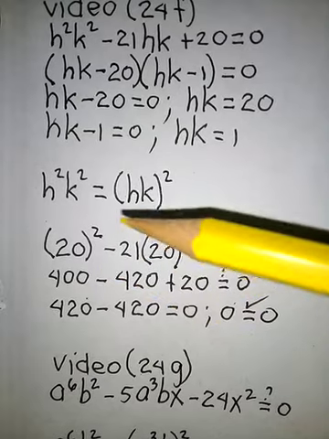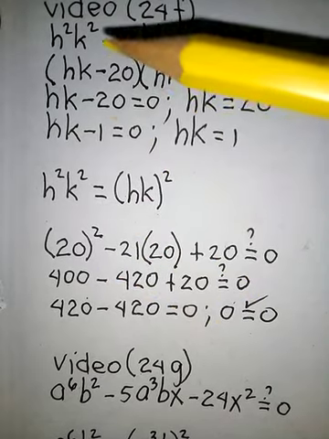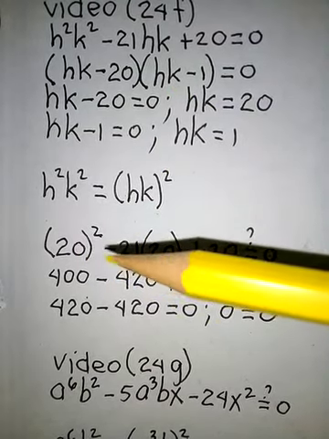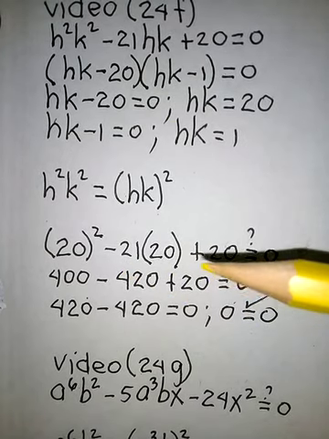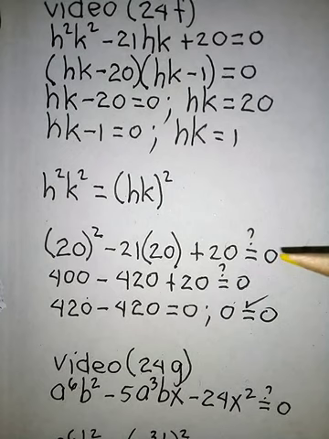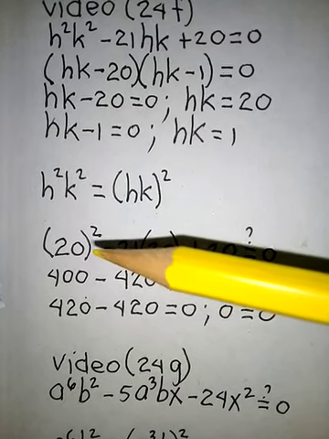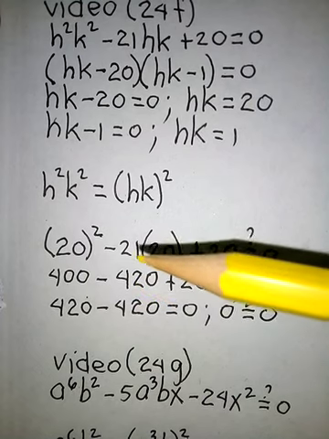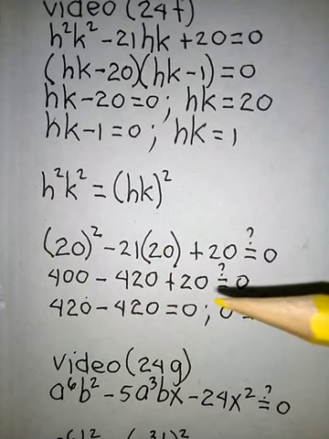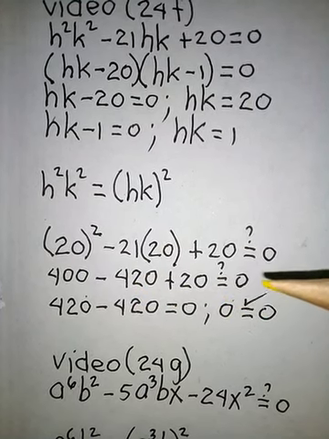So, h squared k squared is 20 squared minus 21hk, which is 21 times 20, plus 20. Is this equal to 0? So, we have 20 quantity squared is 400 minus 21 times 20 is 420 plus 20. Is this equal to 0?